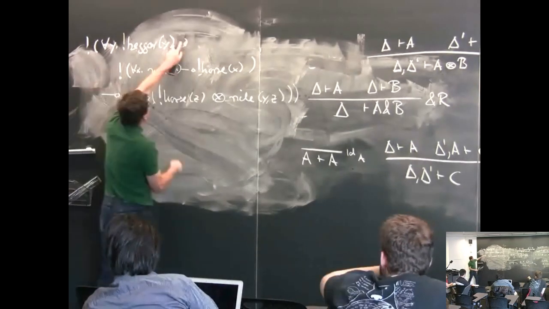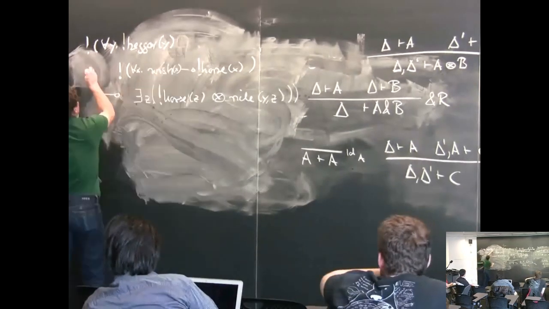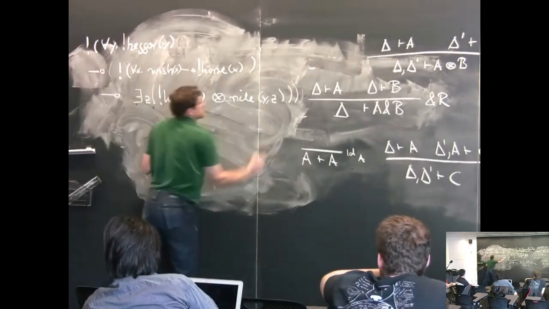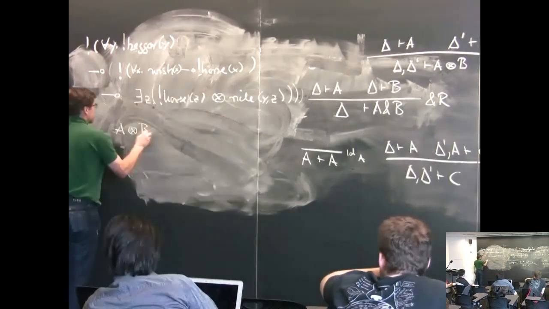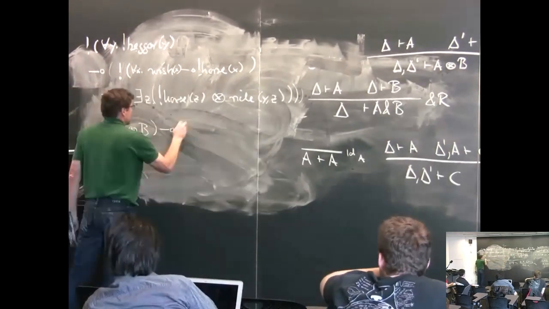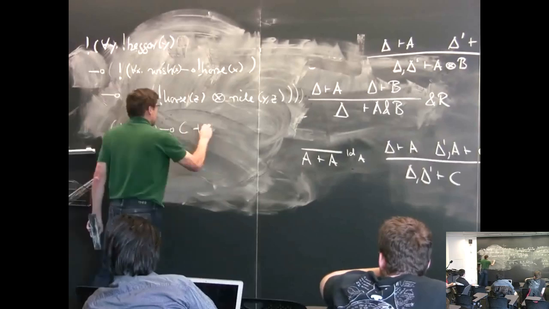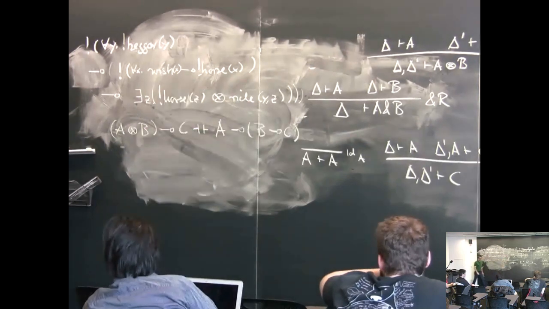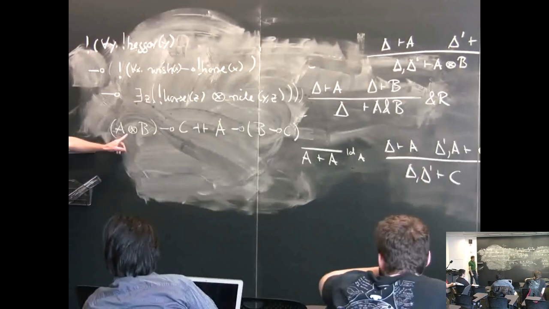So if this is a lolly, then you'd read it like this, right? Well, that's okay, because it turns out that A tensor B lolly C is the same as A lolly B lolly C. So it turns out these two are equivalent.